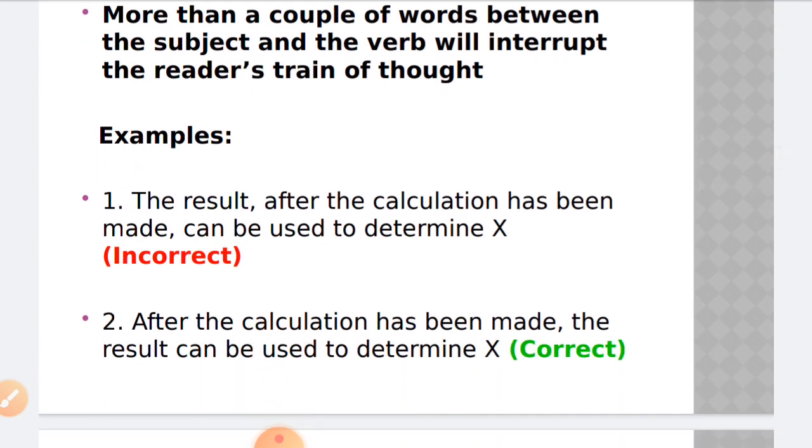Sentence number 1: The result after the calculation has been made can be used to determine X. Sentence 2: After the calculation has been made, the result can be used to determine X. The second sentence is more appropriate as far as the word order is concerned.